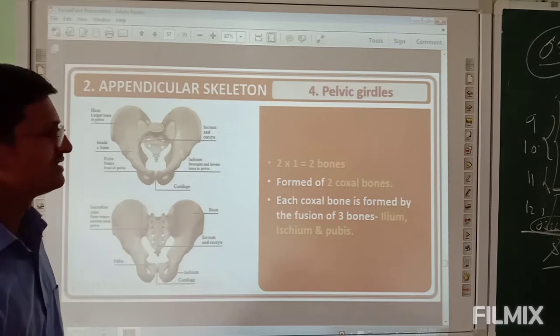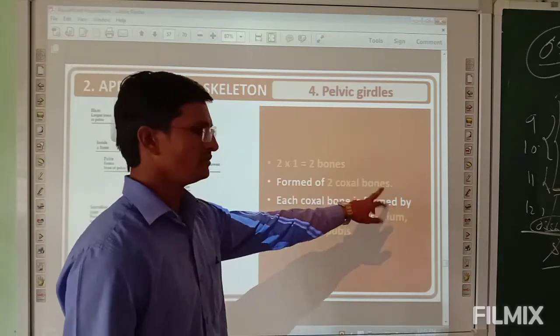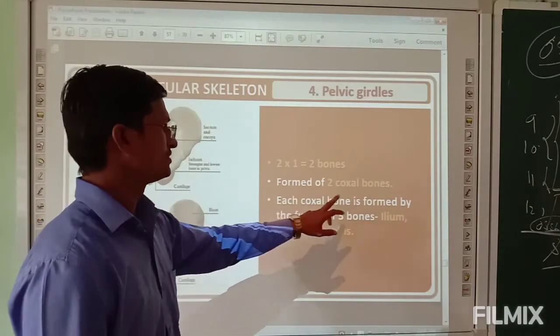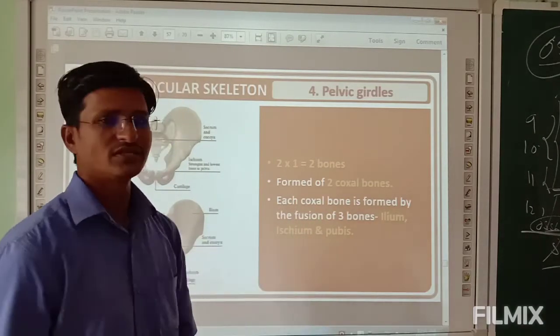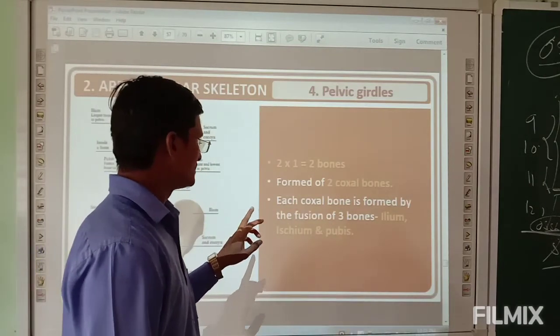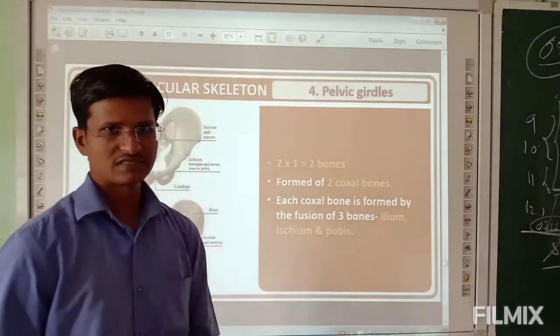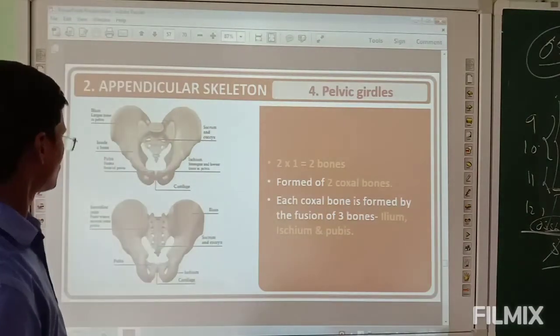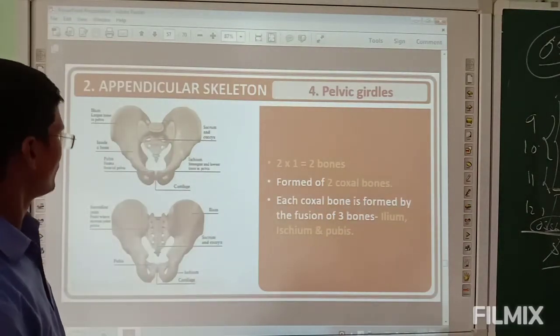Next is the pelvic girdle. It is formed by two coxal bones, and each coxal bone is formed by the fusion of three bones, that is ilium, ischium and pubis. So these are the three bones. That is the pelvic girdle.